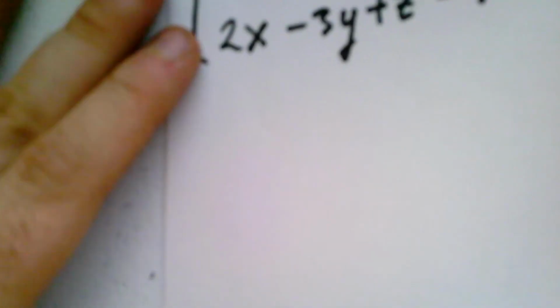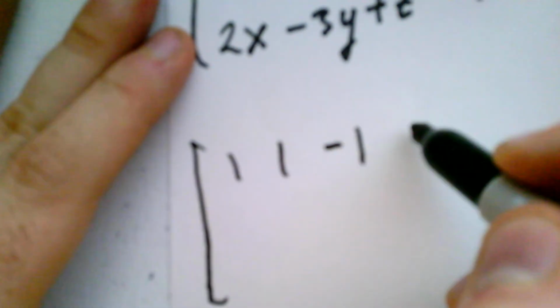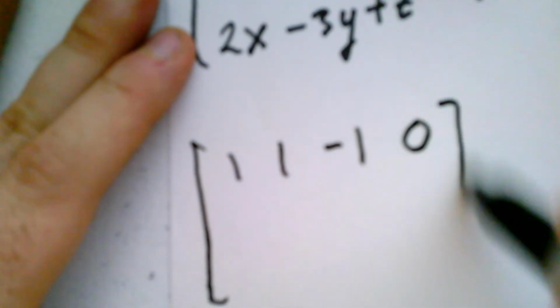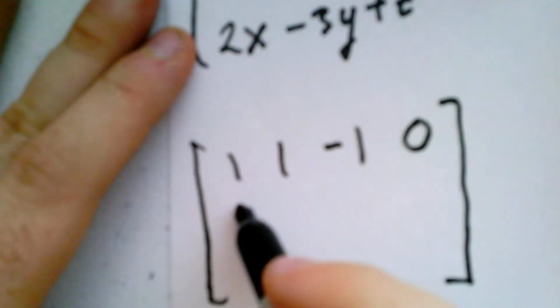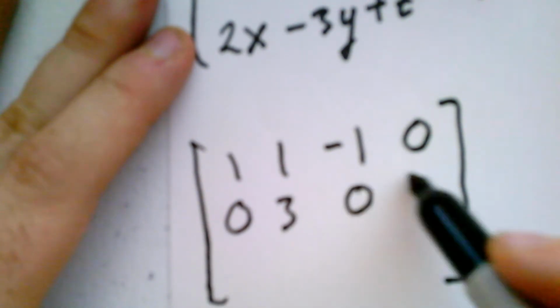So my top row remains unchanged as I do this. The top row for my matrix is still 1, 1, negative 1, 0. But my next row becomes 0, 3, 0, 3.